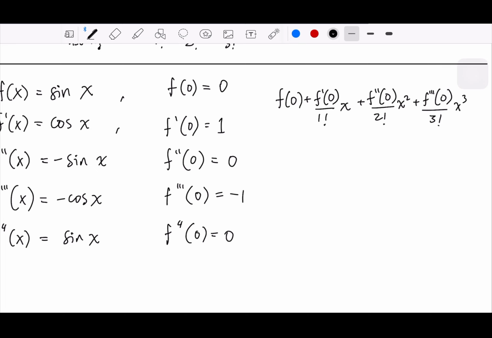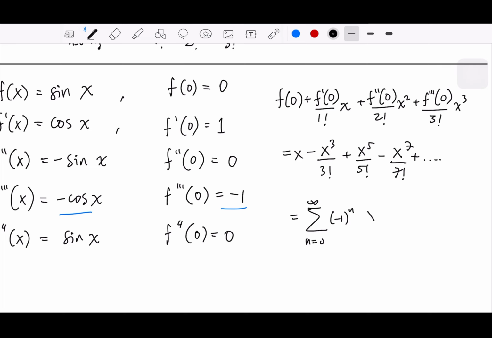So we can write down the Maclaurin series as x minus, oh sorry, this should be minus, yeah, right, minus x cubed and plus x to the fifth and minus x to the seventh and plus, and we can rewrite this using the odd number 2n plus 1.